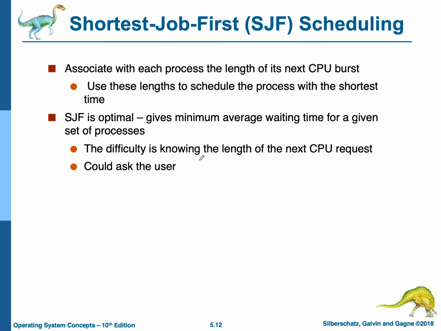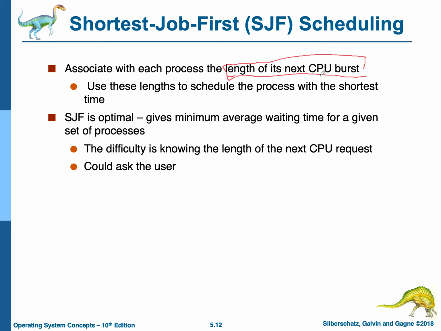In shortest job first, the short job is brought to the CPU first, and then the longer job goes next. So we associate with each process the length of its CPU burst, how much CPU time it requires to complete its job, right? So it depends on the CPU burst, how much CPU time it needs.